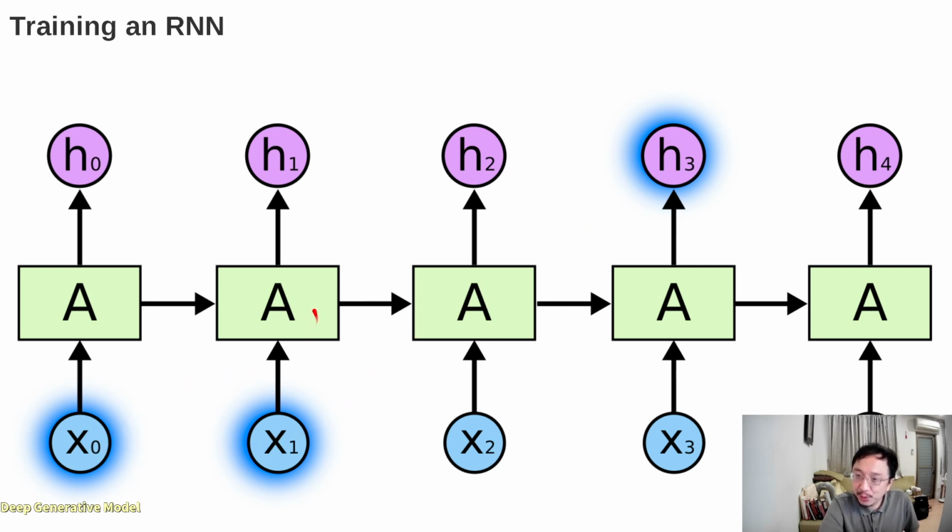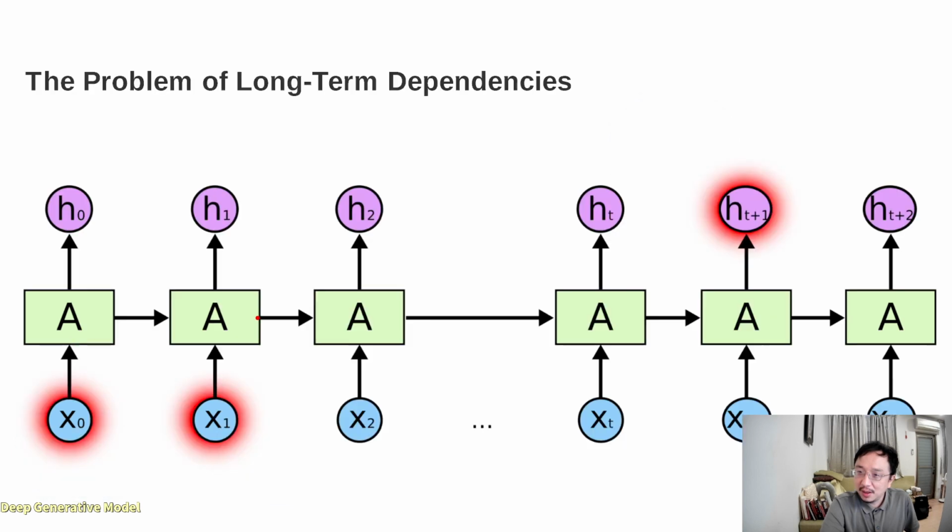If this output is not as expected, we might want to adjust the weight in A according to what x1 and x0 are. However, if the output is a very long distance from the input, it might be very difficult to do the training, because their relation has been passed through a lot of operations.